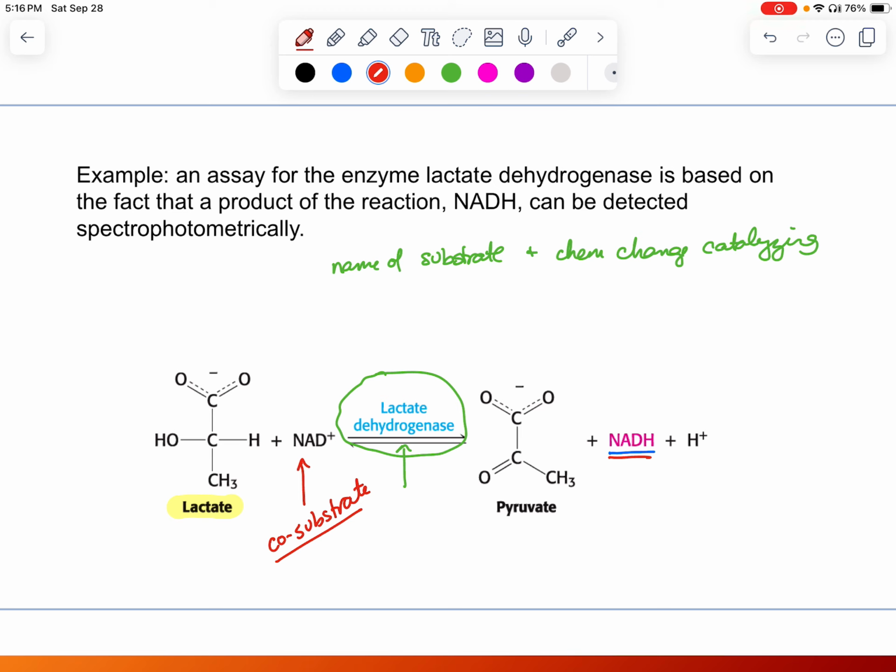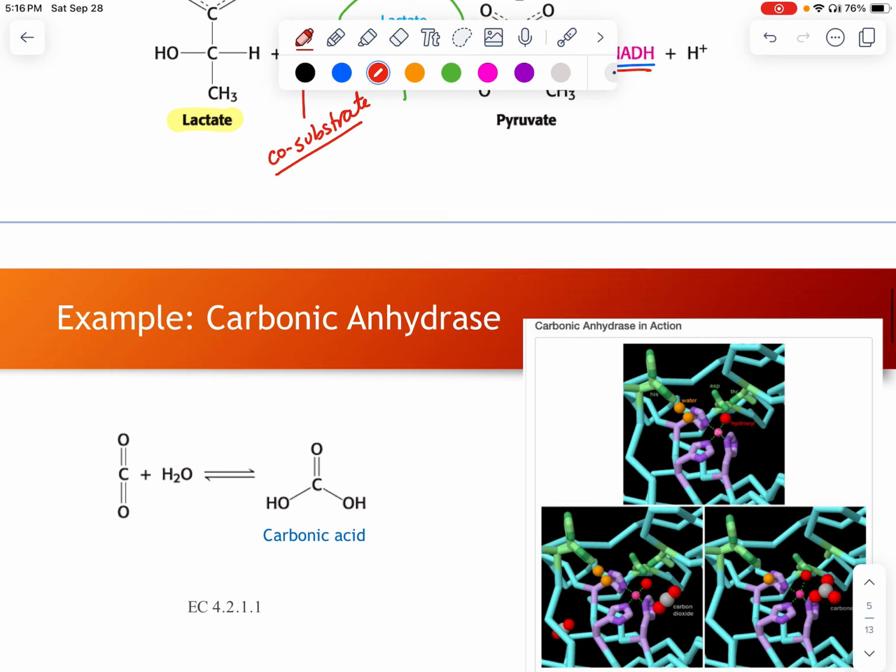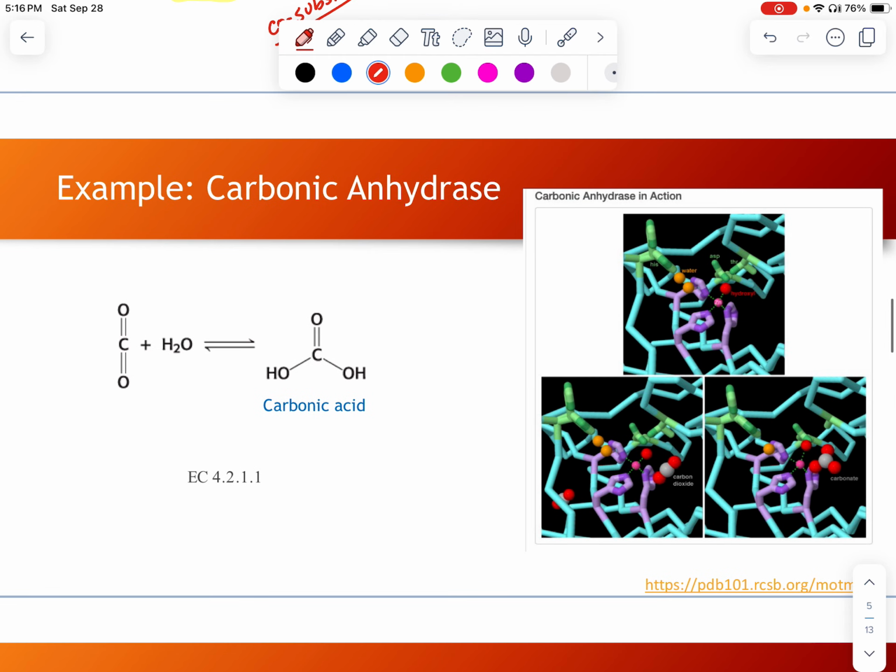Actually, we're going to look at a different reaction now. This is a reaction catalyzed by carbonic anhydrase, so we would write that over the arrows.